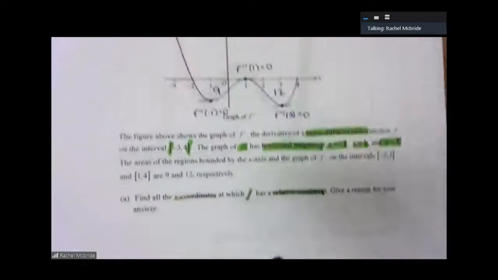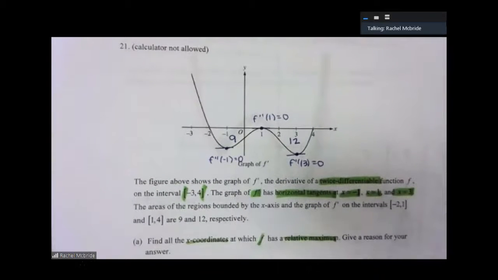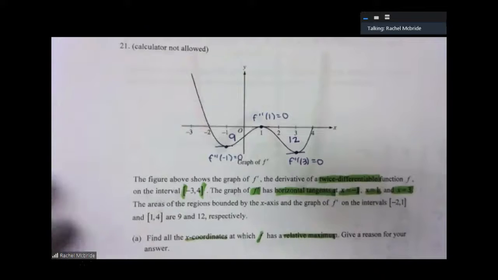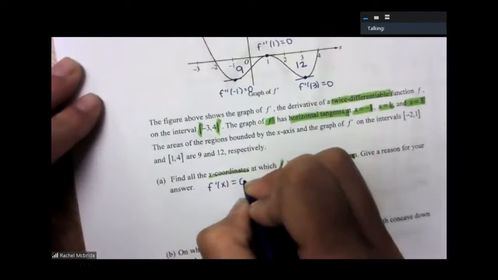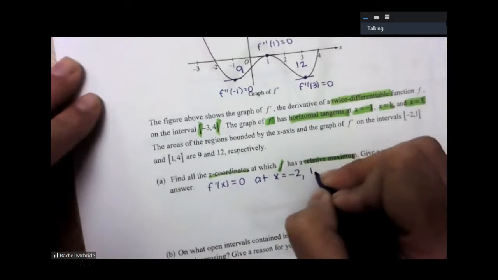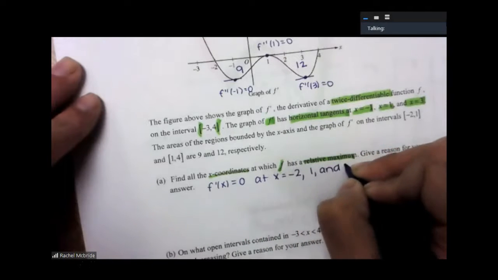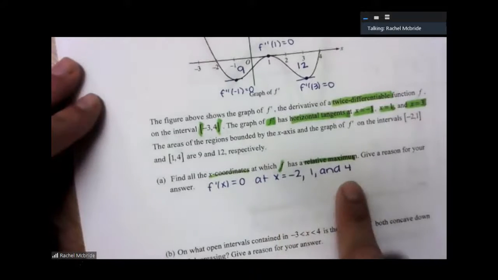So if this is the graph of the derivative, it has a couple points where it equals 0. So it equals 0 at -2, 1, and 4.